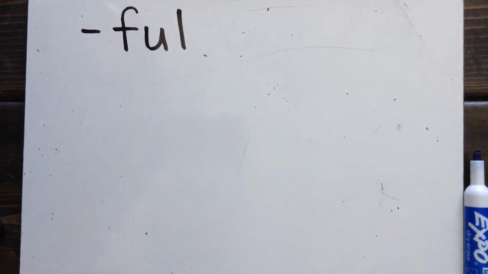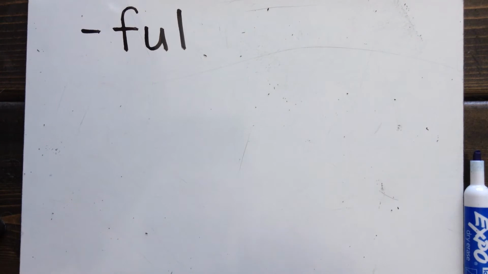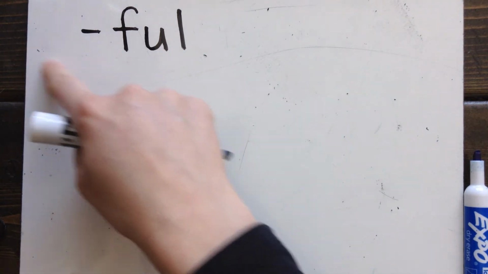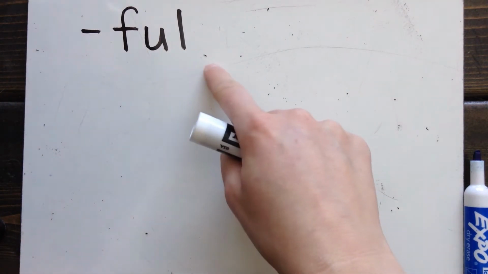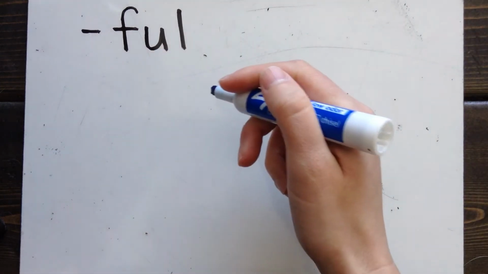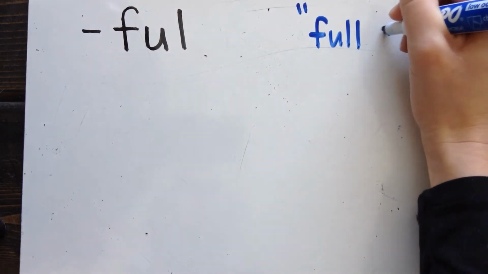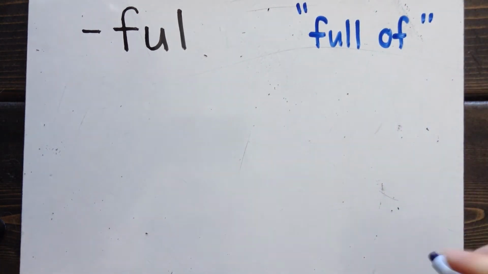That means it must be attached to a root word before it can mean anything. We need to add a root word at the beginning to this suffix in order to understand how it works. The suffix full means full of. So let's try attaching it to an example.